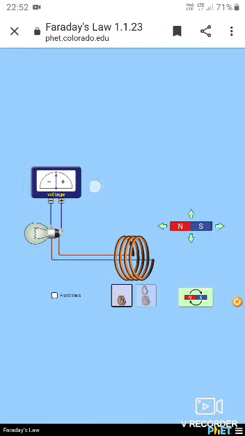Usually we take a galvanometer. Then I have a magnet. You can observe that the coil, bulb and meter, that is the galvanometer, are connected through connecting wires.